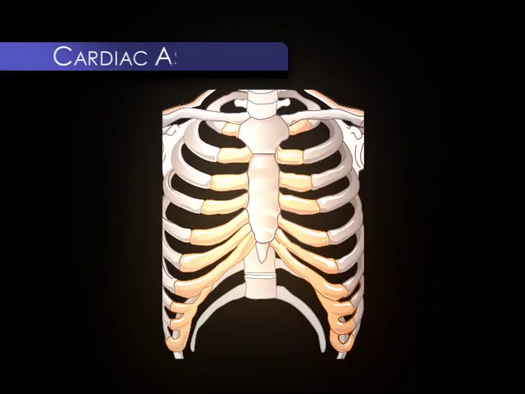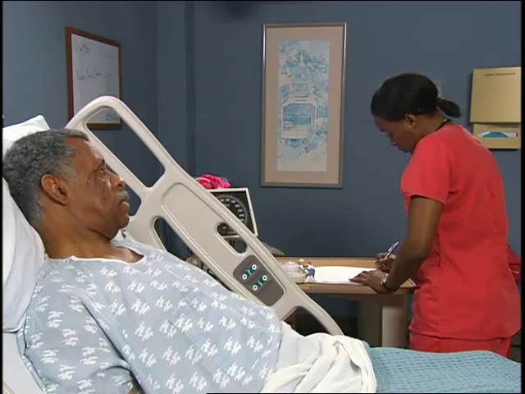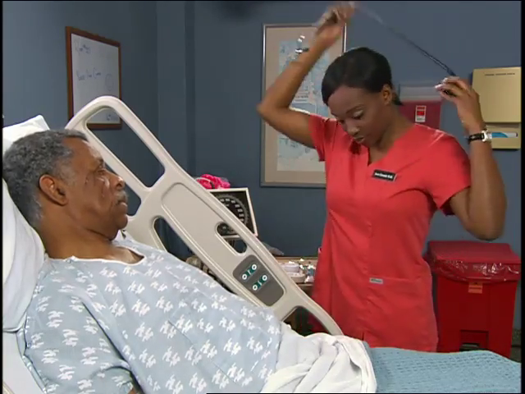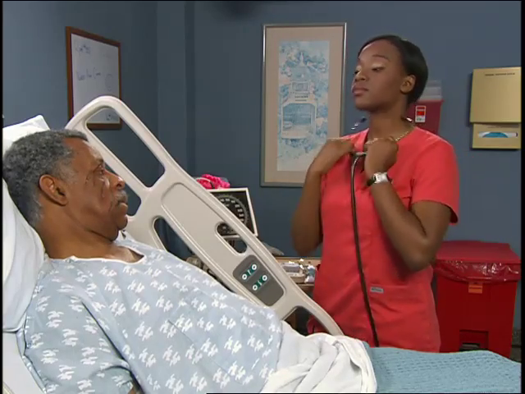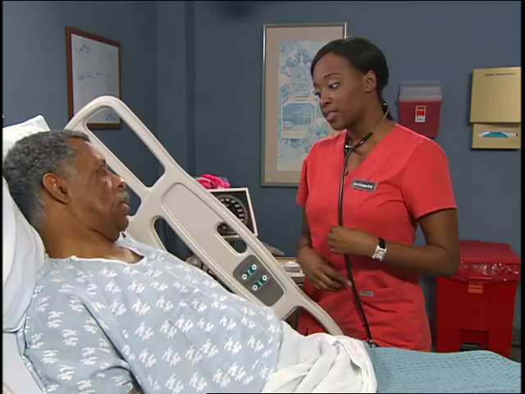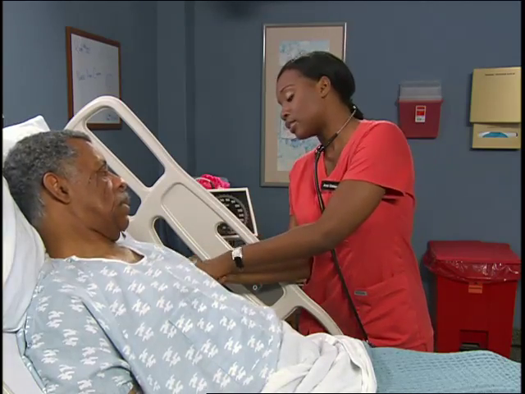When performing a cardiac assessment on a patient who has experienced a cerebral vascular accident, listen to the 5 areas of the heart, checking specifically for any irregular rhythms or abnormal heart sounds. Be sure to document the heart rate and rhythm and notify the doctor if any abnormal heart sounds or irregular rhythms are heard. Okay, I'm just gonna take a quick listen to your heart. I'm gonna need to go under your gown, is that okay? Yeah. I'm just going to unfasten it.